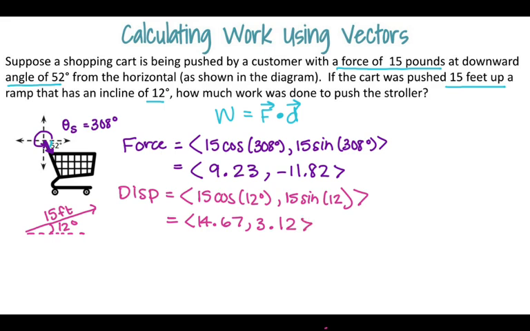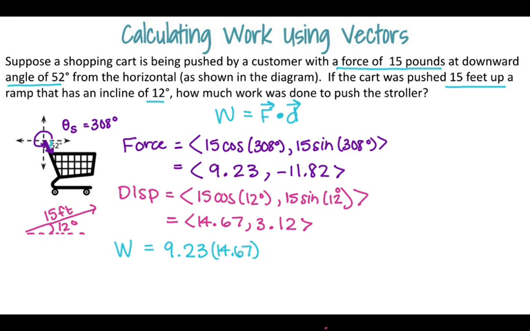Okay, so now if I want to find the work done, I need to take the dot product of these two vectors. Well, what is the dot product? The dot product comes from taking your horizontal components, which is 9.23, and multiplying them together. So 9.23 times 14.67.